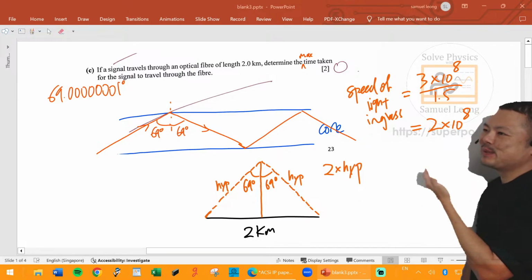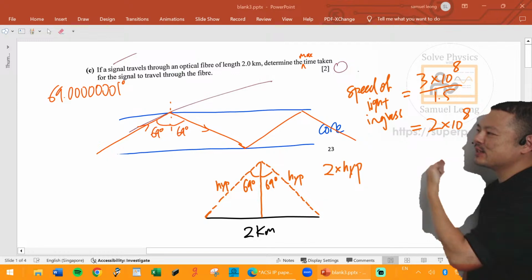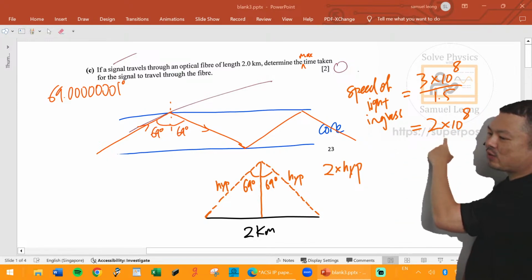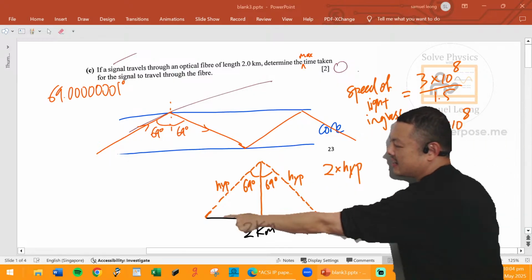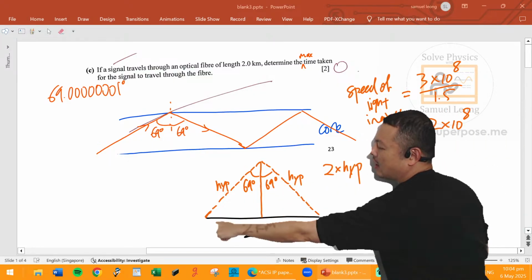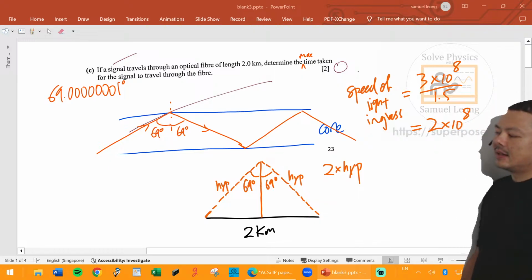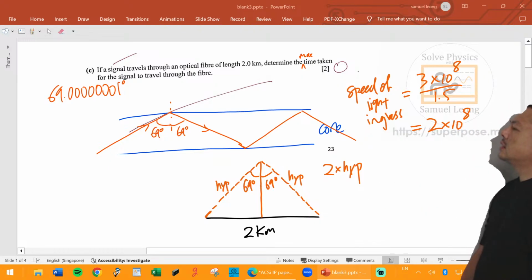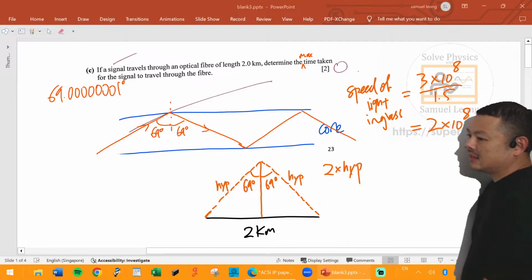Okay, so speed equals distance over time. Time is equal to distance over speed. Yes, he's right. But you have to use this speed, right? Because it's traveling in the glass. So the distance is either the maximum distance, this plus this, or the minimum distance, this one. 2,000, brother. 2,000 meters.